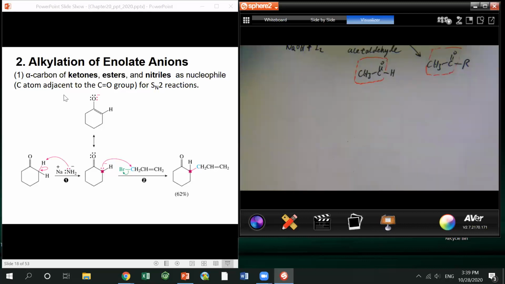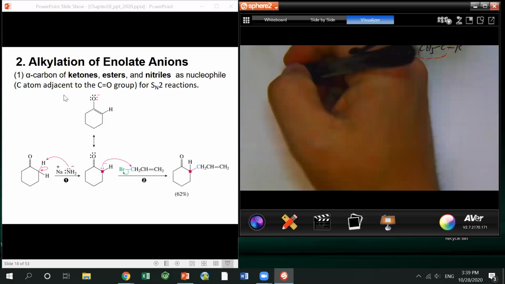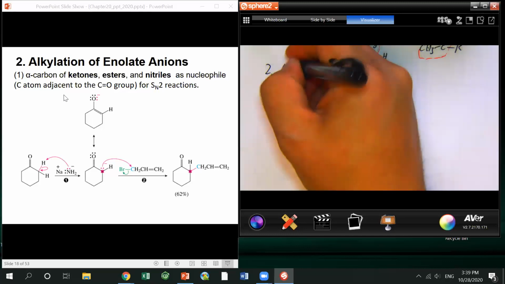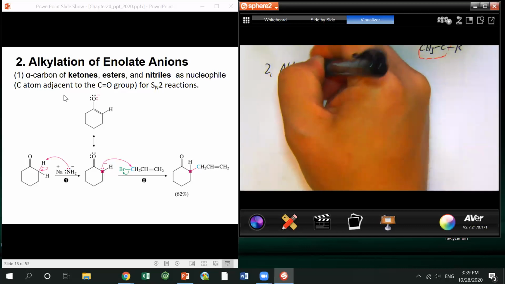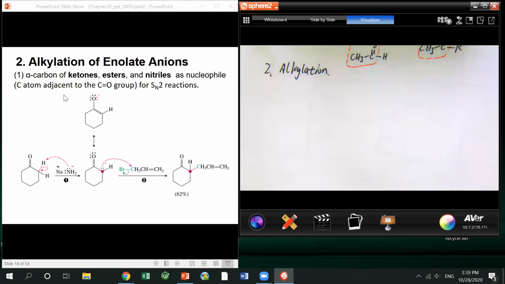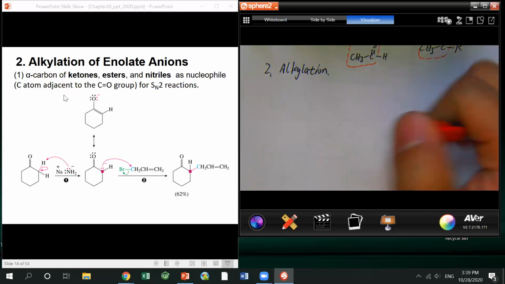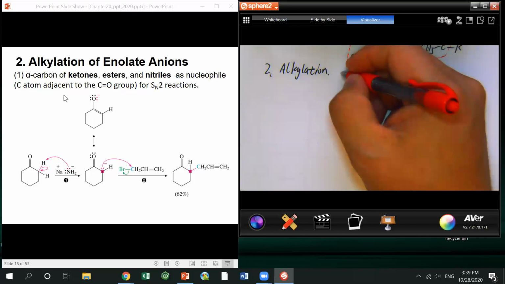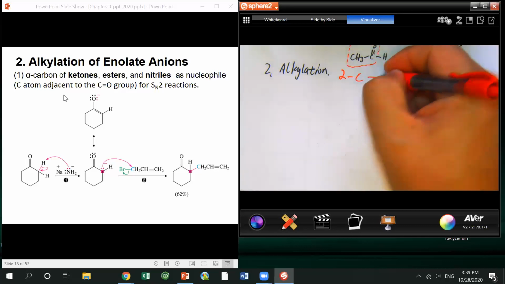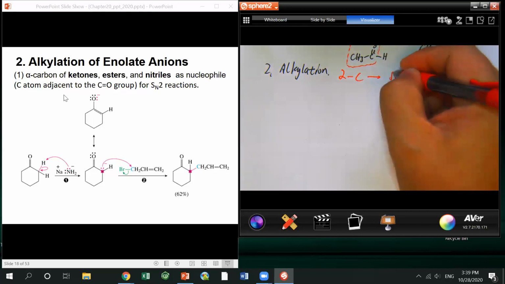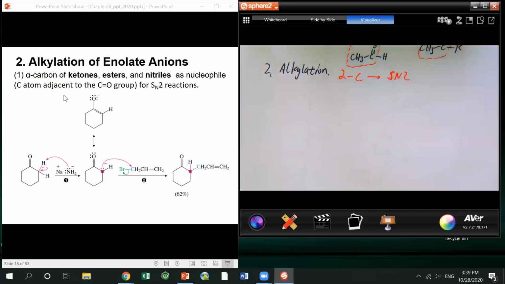The second reaction is a little bit of a hassle, called alkylation. Alkylation is actually similar to a reaction we learned before, the SN2 reaction. But this time the alpha carbon does the SN2 reaction. As long as you keep this in mind, the reaction will be much easier.